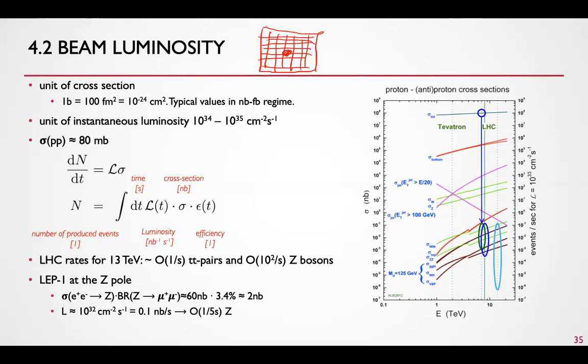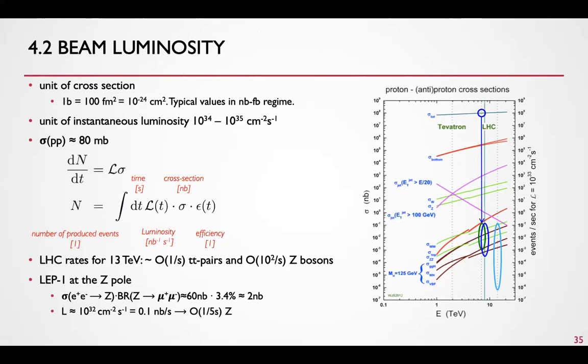So 100 square Fermi, 1 barn, is a very large cross-section. It's 100 times the size of a proton. In units, it's 10 to the minus 24 centimeters squared. Conventionally, I don't know why, we always use centimeters squared.